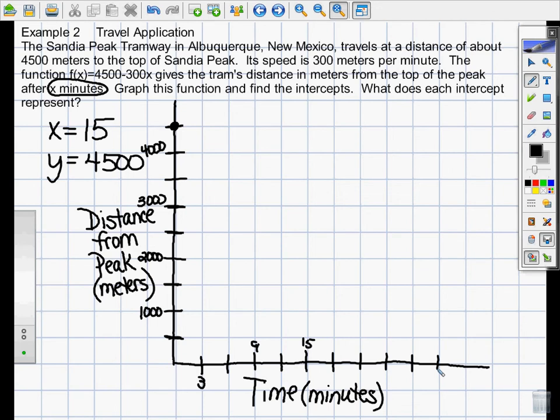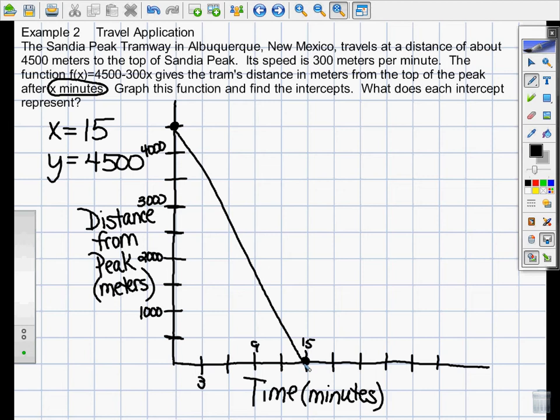Okay, so 15 is important because that's my x-intercept. We just calculated that. So there's my x-intercept, and then we can connect the 2 points together, and there they are. That's our line, that's our graph that represents this situation, this function, f of x equals 4,500 minus 300x.